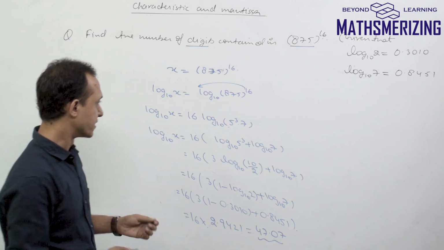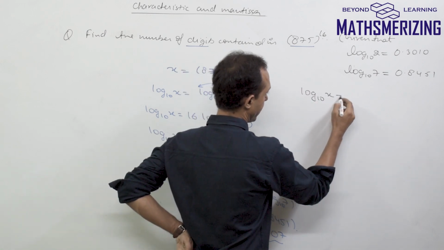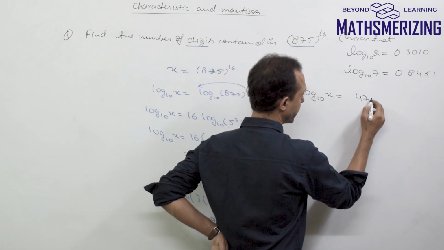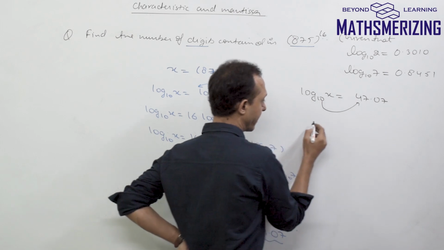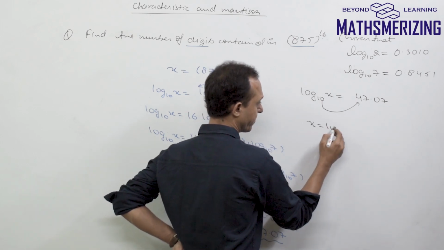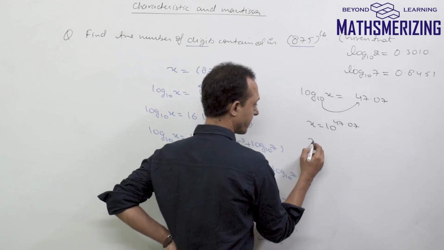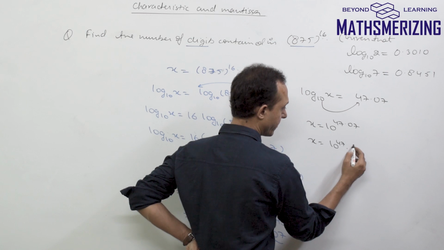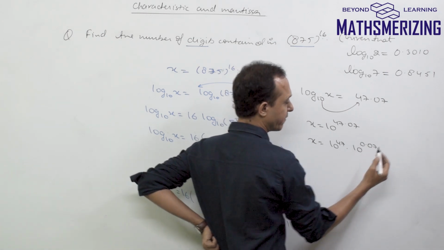So 47.07 something. So I can write it as log x to the base 10 is 47.07. So now if I take anti-log, I can write this as x as 10 to the power 47.07, and this is 10 to the power 47 into 10 to the power 0.07.